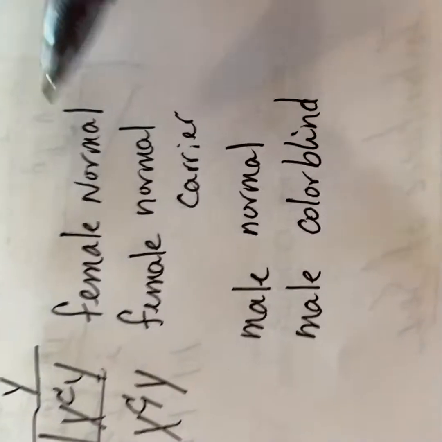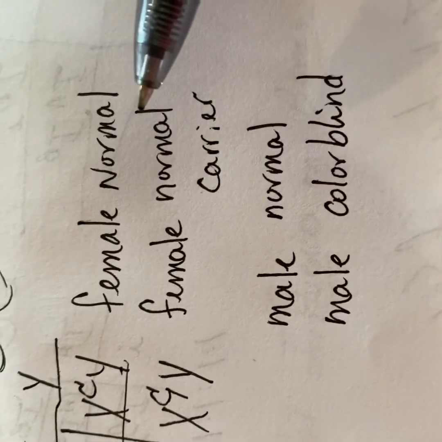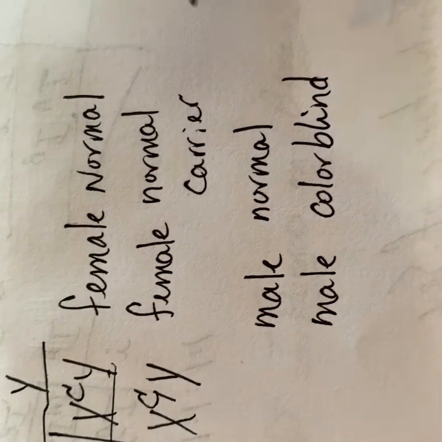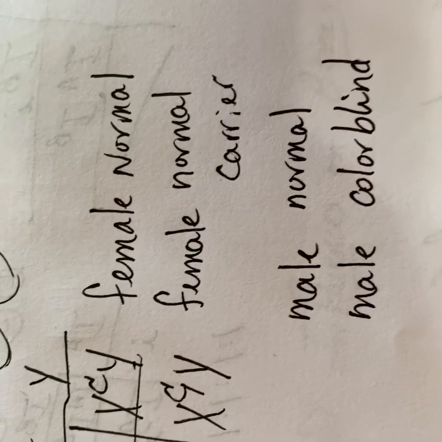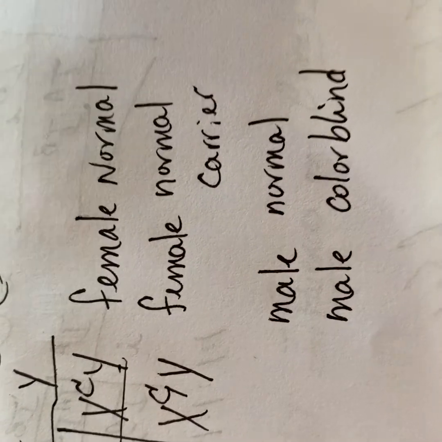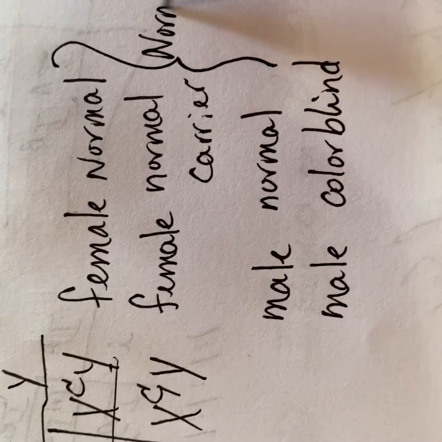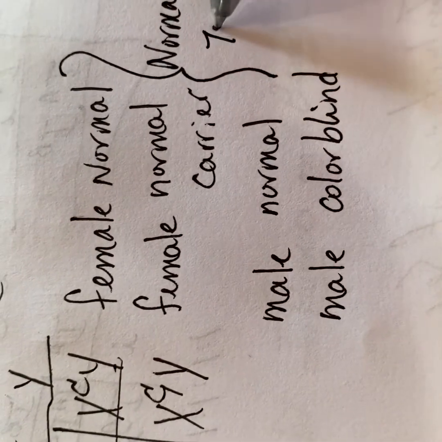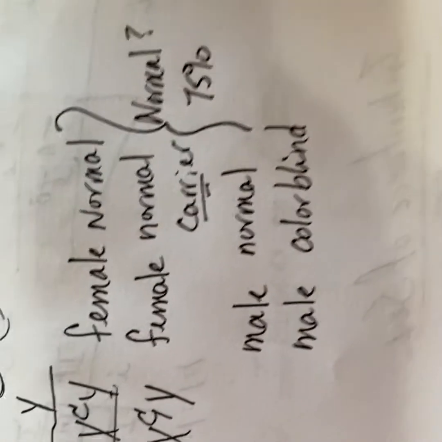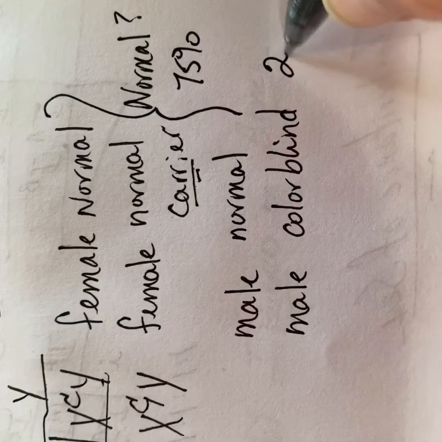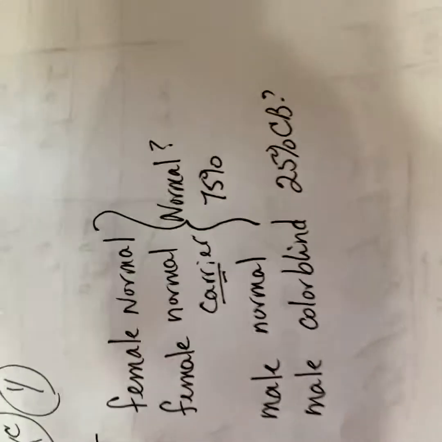Now, how you write these answers is going to depend on the question that you are asked. For example, if the question says, how many of these offspring are normal? You would say 75%, because even though I'm a carrier, I'm still normal. 25% colorblind.